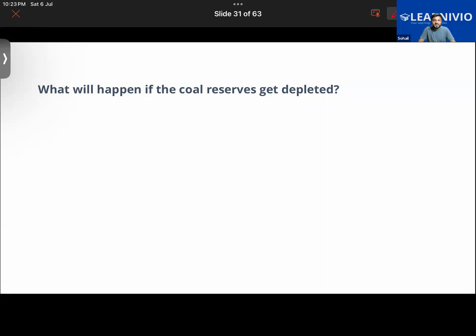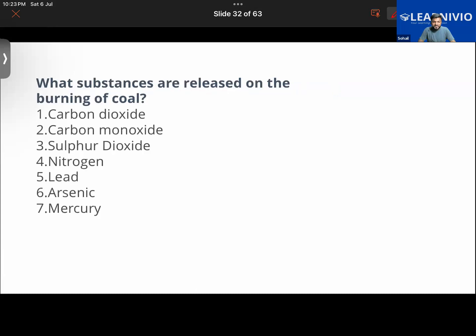If it gets exhausted, it would take millions of years to form again. So it will probably last for around 30 or 40 more years, not more than that, I believe. Thereby we need to find other alternatives like solar energy or other renewable energy.